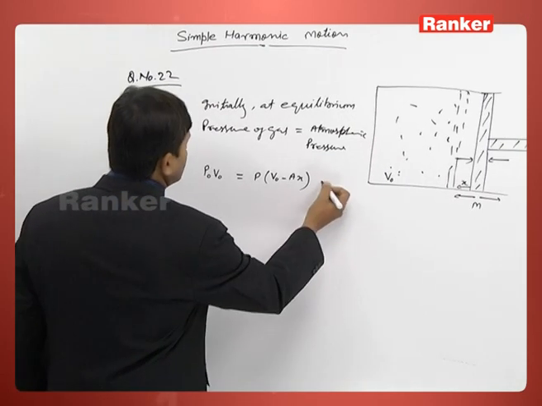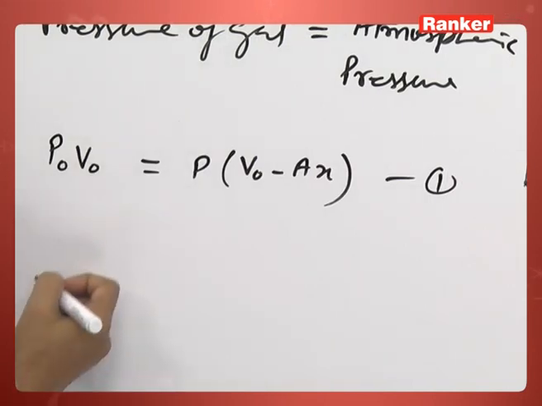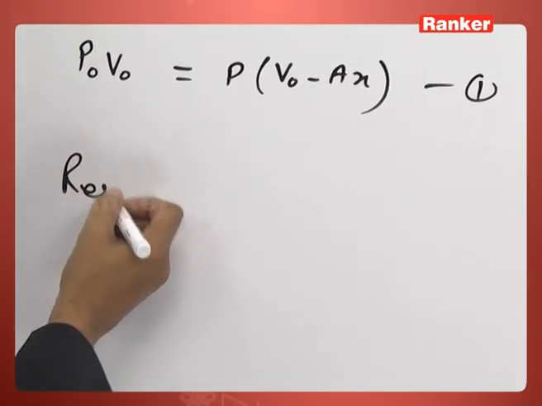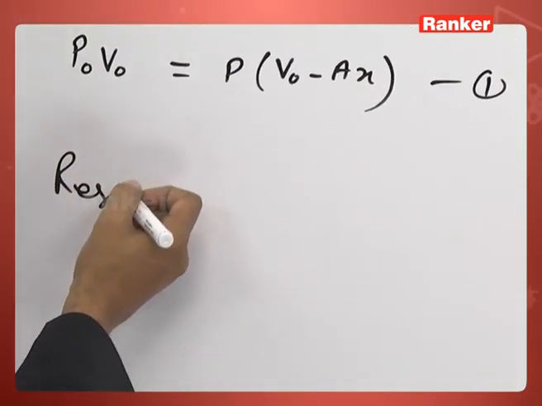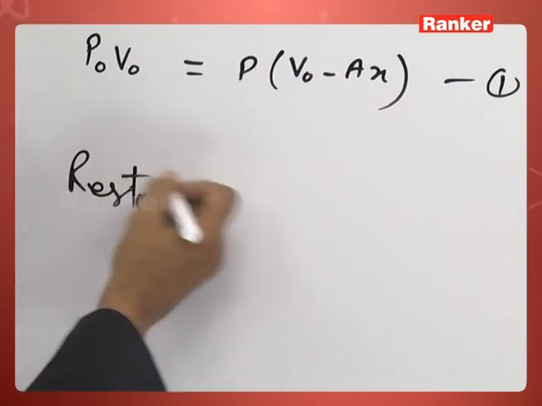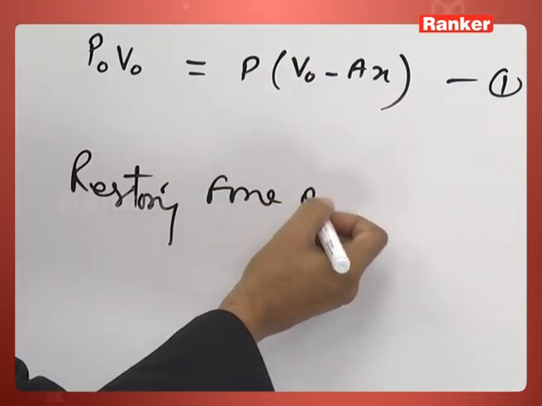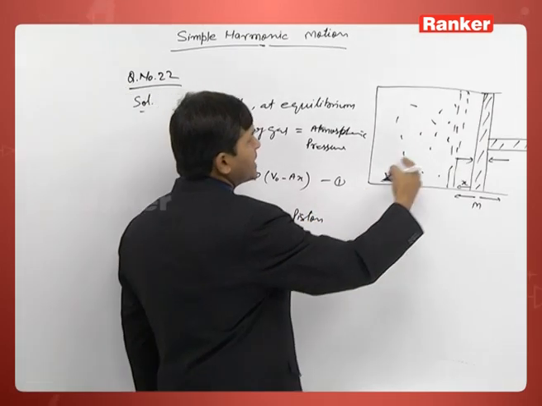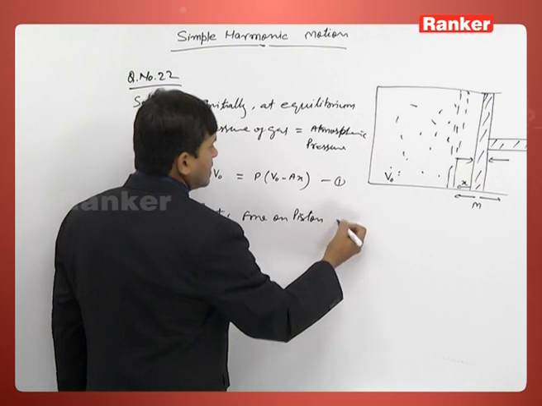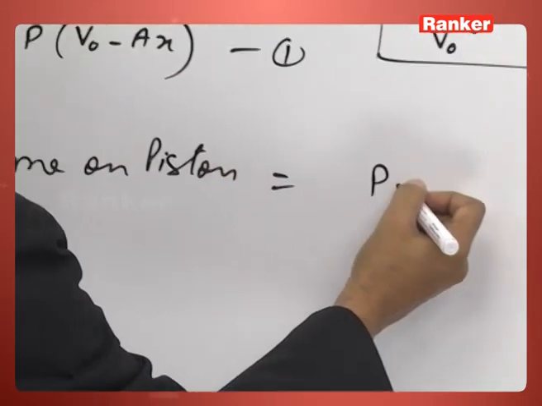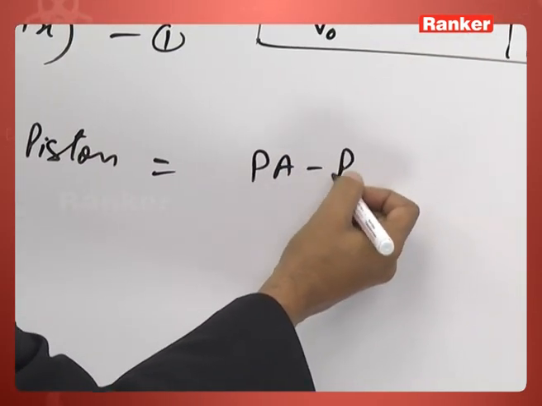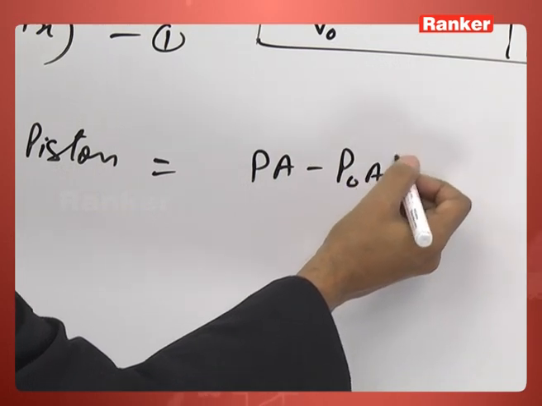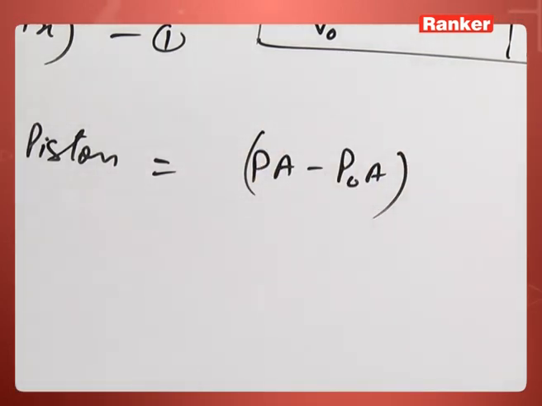So now the first condition, the restoring force on the piston. Since the pressure here increases, PA minus P naught A is the restoring force.